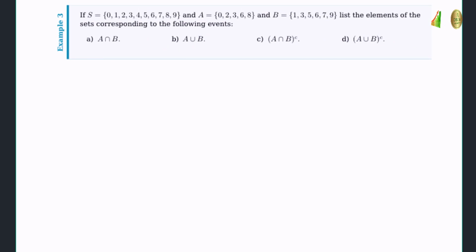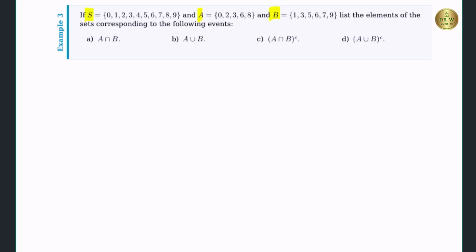Now let me explain example number 3. Here we have the sample space, the same example we discussed before, and A and B two events. List the elements of the sets corresponding to the following events. Here let me explain this using a Venn diagram.